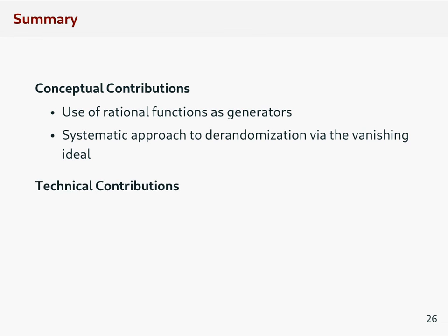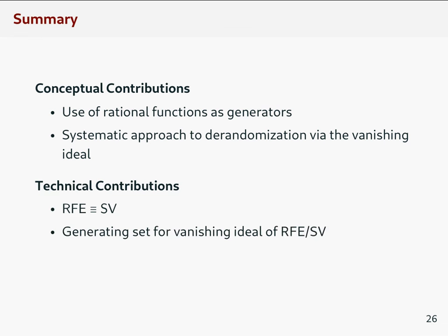On the technical front, we proved that RFE is equivalent in a very strong sense to SV, and we provided a generating set for the vanishing ideal of RFE and SV, in particular also a Gröbner basis. We also provided a membership test for the vanishing ideal, and for both of these last two we saw applications to de-randomization and lower bounds. But with that, that's everything I have, so thank you so much for watching.